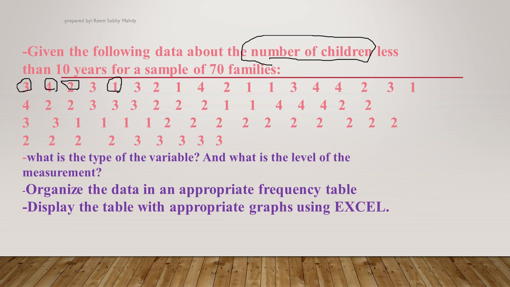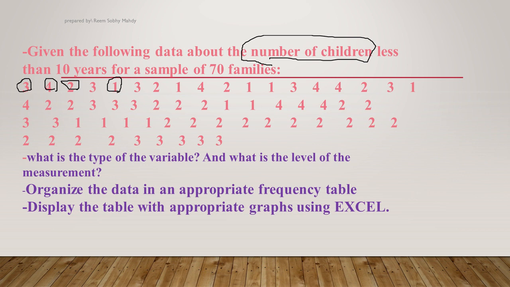Requirement number 2 is to organize the data in an appropriate frequency table. In order to organize the data in a frequency table, we have first to define the classes of the variable. We have 4 classes here of the variable, which are 1, 2, 3, and 4.